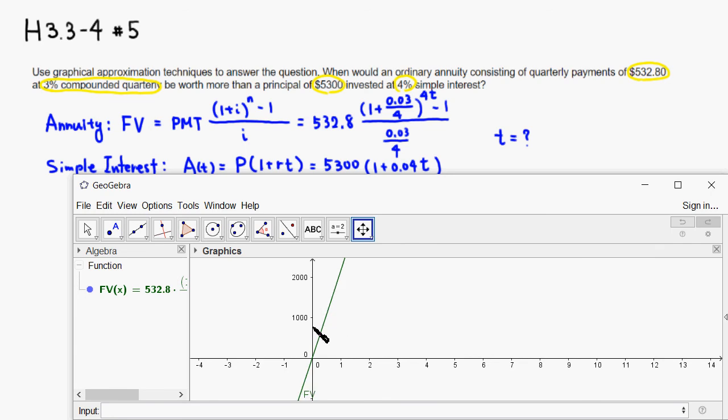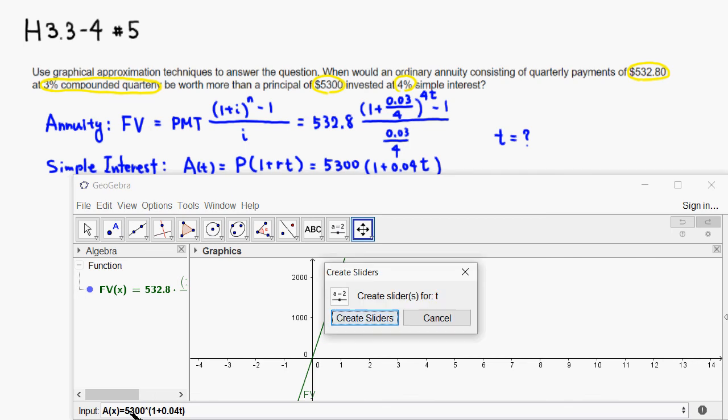Then the next one is we're going to have to have the simple interest. So I'm going to call it A of x, instead of t. And this is 5,300 times 1 plus 0.04 times t.